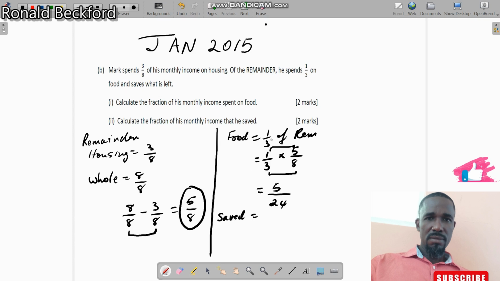How much was saved? If he spent 1/3 of the remainder on food, it means he saved 2/3 of the remainder. Again, we apply the concept of multiplication. So it's 2/3 multiplied by 5/8.